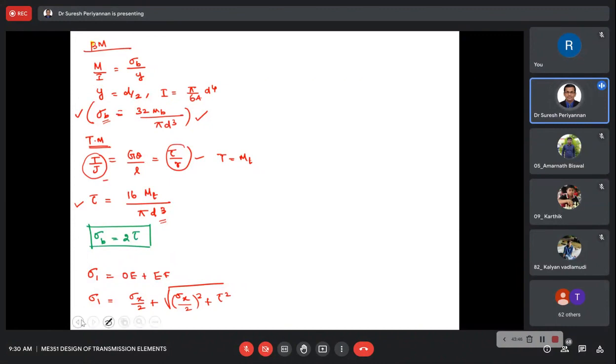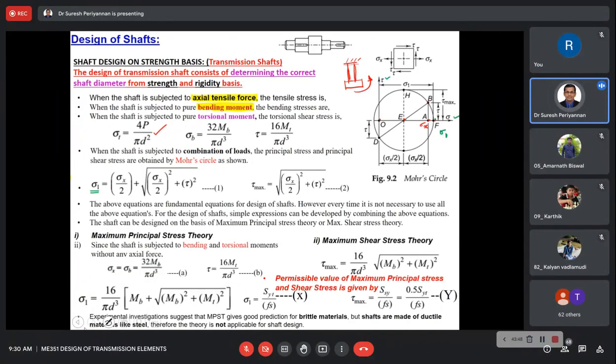That comes from this triangle. EF is equal to EB.